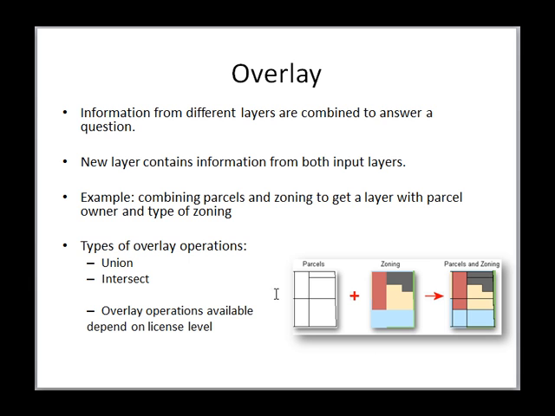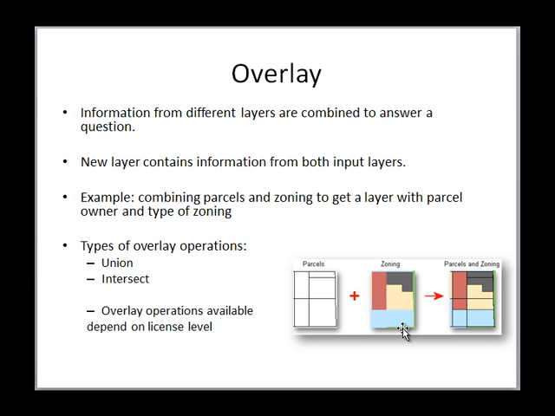So in this example, you've got a parcel here that's owned by, say, Pete Kennedy, and you've got a zoning type here, and here's another parcel down here, and notice this parcel has split zoning down here. So someone who owns this parcel right here, it's in two different zoning types, and you learn that by doing an overlay operation to combine those. It combines it in the attribute table as well.